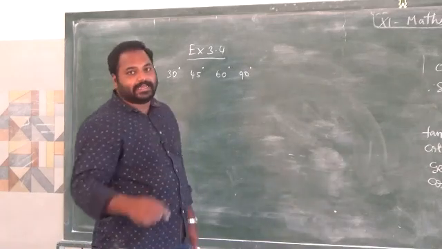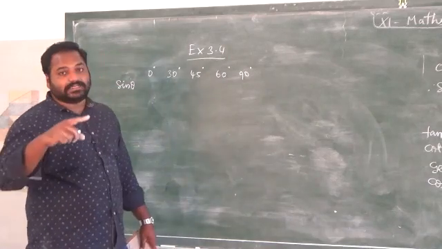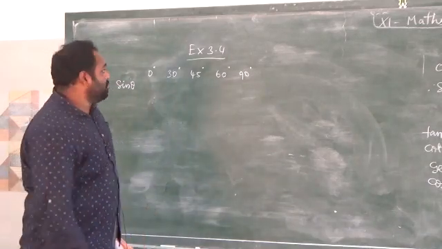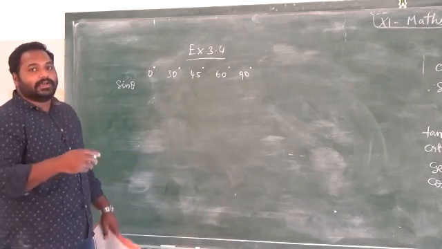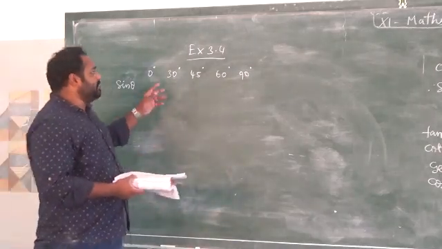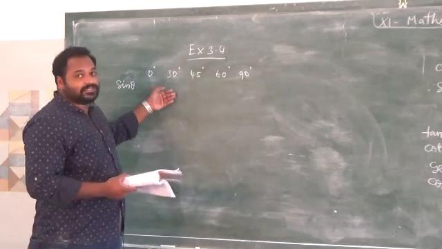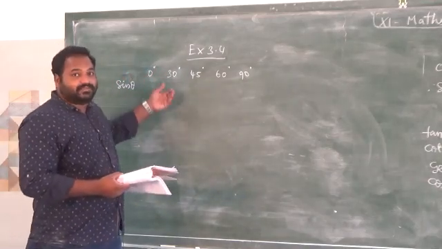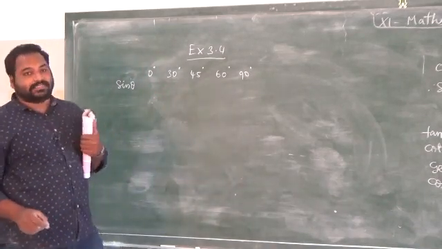That we are going to learn in this exercise 3.4. Before that, I will write the values here. You can also write them and check whenever you do not know the values, and memorize them to do the problems faster.